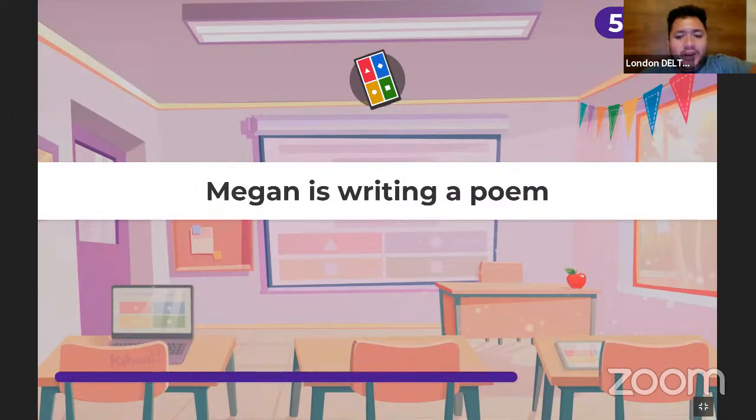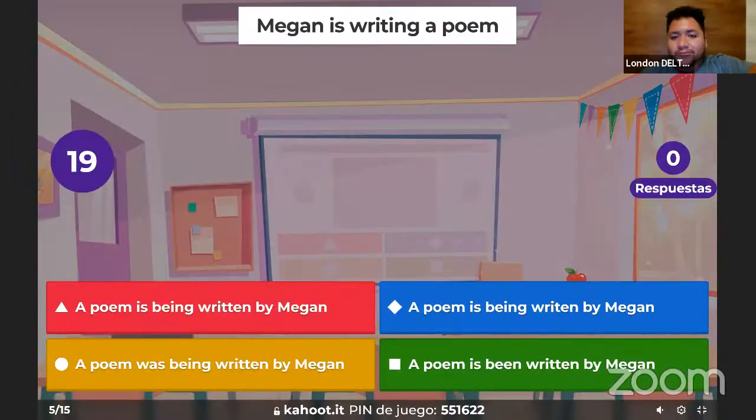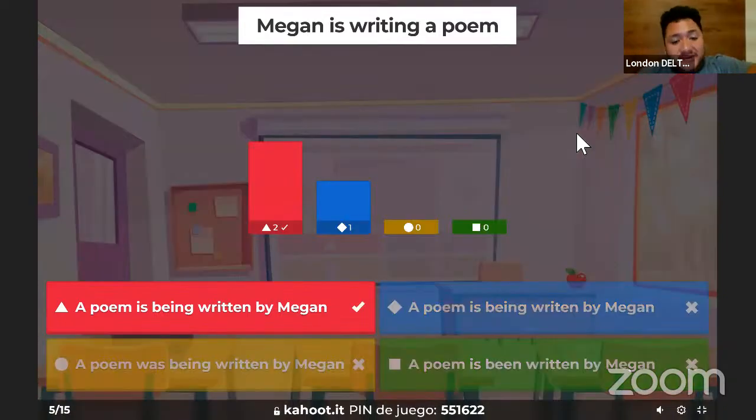Megan is writing a poem. Entonces, quiero decir, un poema está siendo escrito.